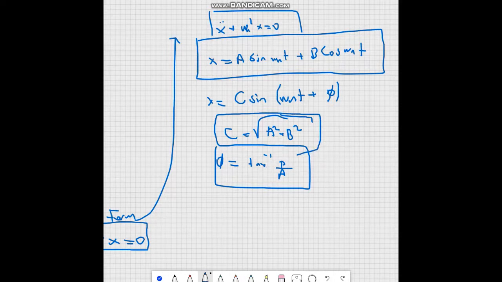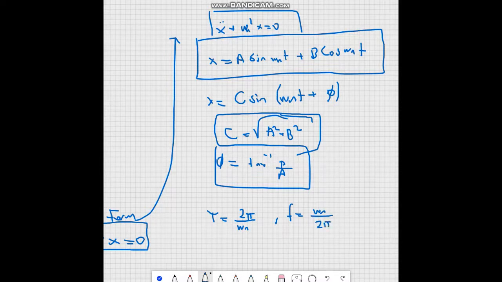The period of this is gonna be 2 pi over our natural frequency omega n, and the frequency f can be calculated as the natural frequency omega n over 2 pi.